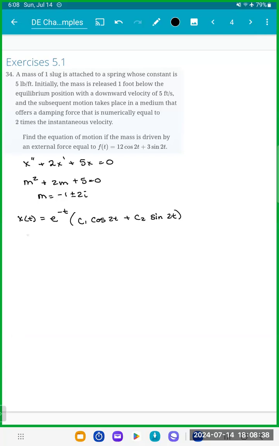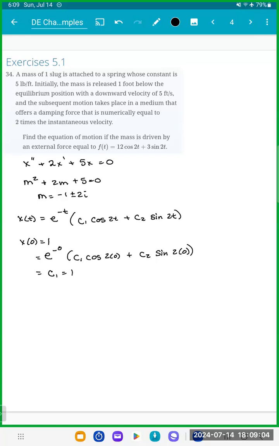When we look at x of 0 equal to 1, then we have e to the negative 0 times c1 cosine 2 times 0 plus c2 sine 2 times 0. We get that c1 is equal to 1.